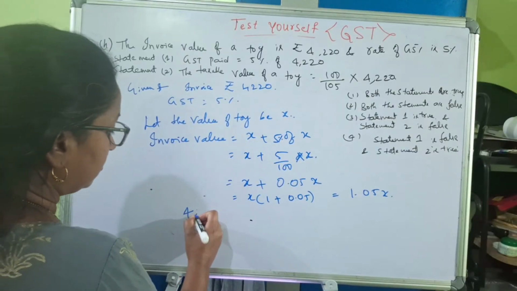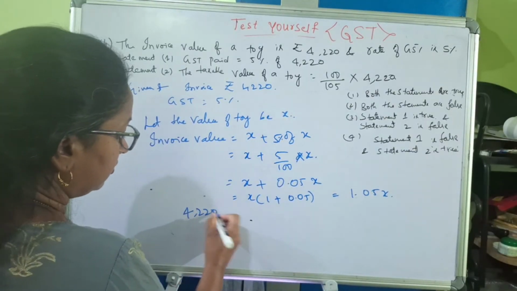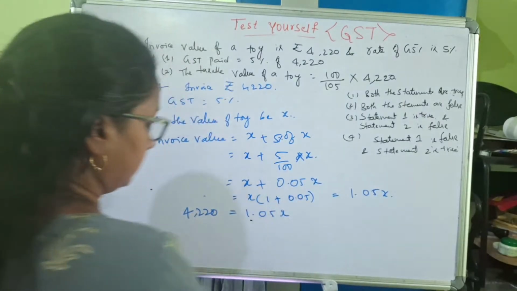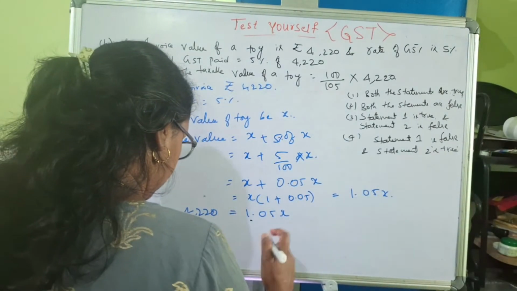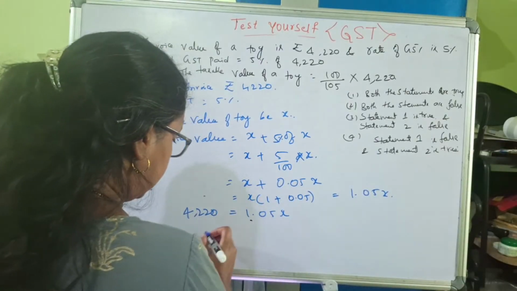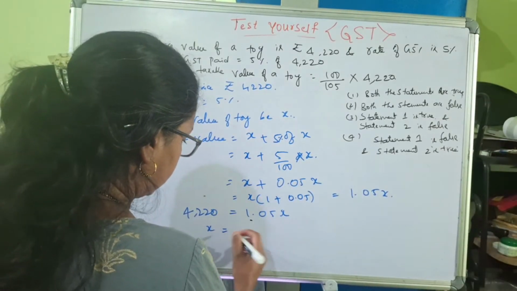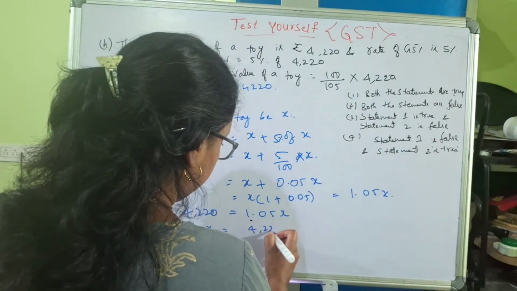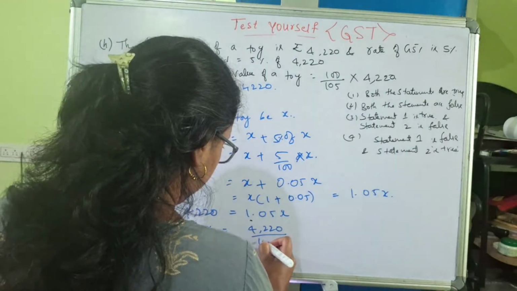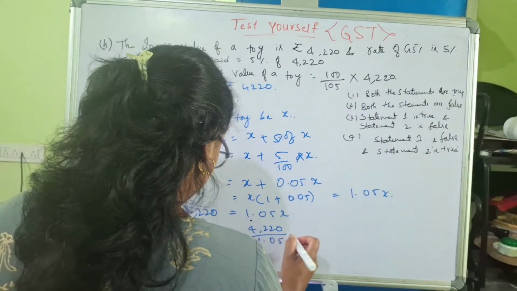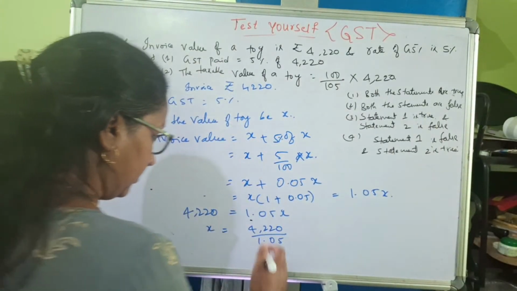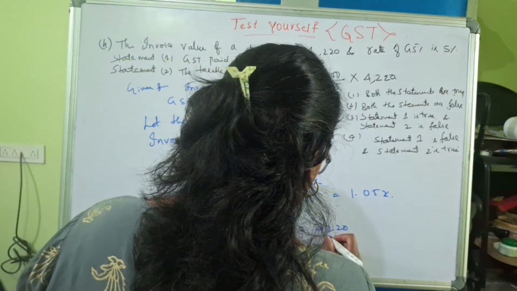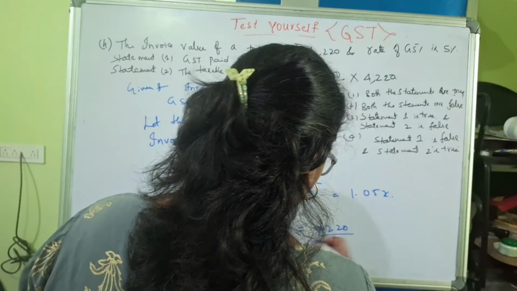That means 4,220 is equal to 1.05 of X. That means X is equal to 4,220 divided by 1.05.